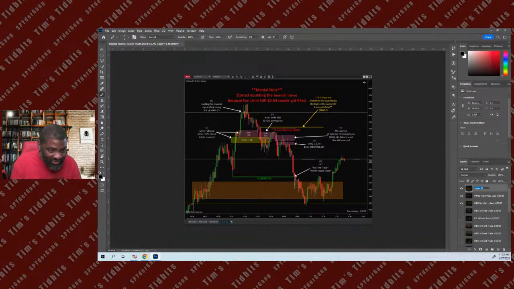ES tape reading. ES, we was looking at ES tape read when 127.